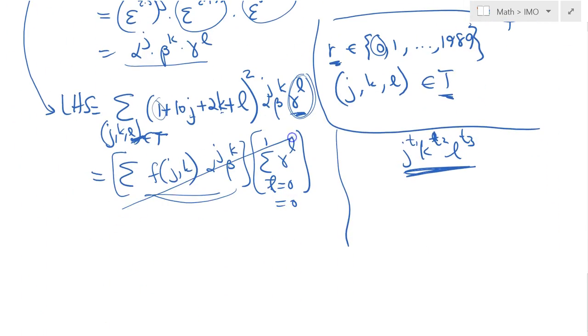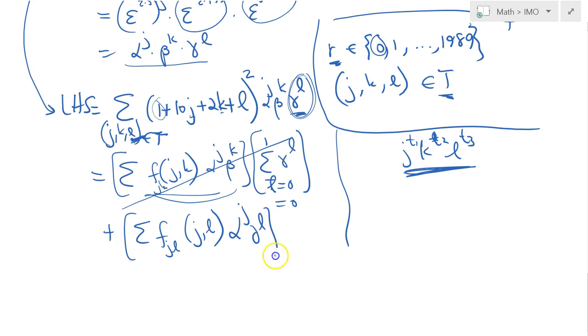So it will vanish the whole term, plus, and then you will have, let's call it, function jk. And then you will have another summation with function, let's say jl, in terms of jl, and then you have alpha to the power j, and then gamma to the power l. But again, I will be able to factor out the beta to the power k, where k will range from 0 to 4.